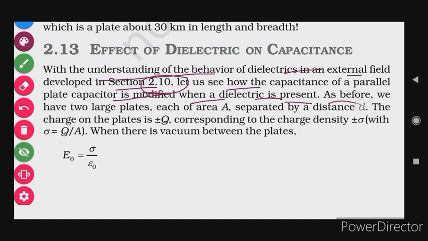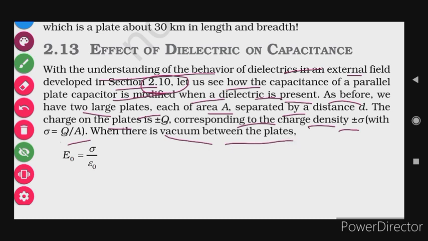As before, we have two large plates, each of area capital A, separated by a distance small d. The charge on the plates is plus minus q, corresponding to the charge density plus minus sigma, with sigma equal to q by A, when there is vacuum between the plates.